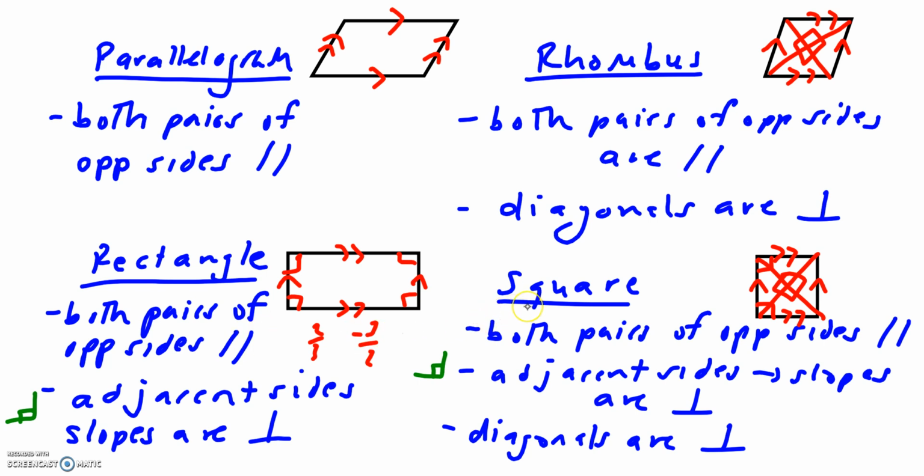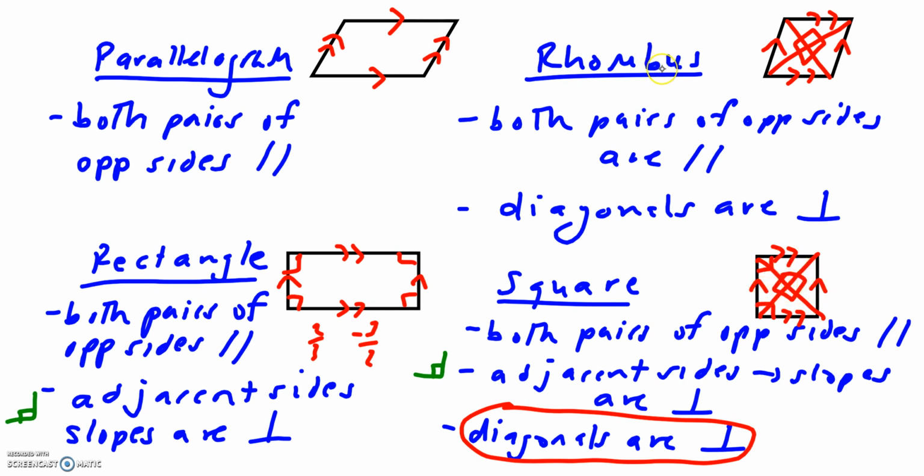If you wanted to prove a square instead of a rectangle, the way that squares and rectangles differ in terms of slope is that the square's diagonals are perpendicular also. And so for a square, you'd have to prove opposite pairs of sides are parallel, that the adjacent sides are perpendicular, and that the diagonals are perpendicular also.